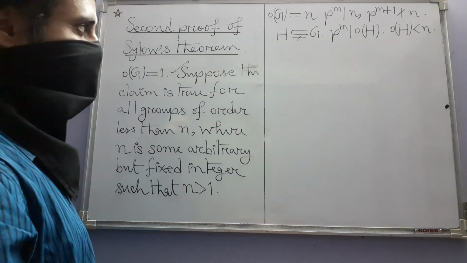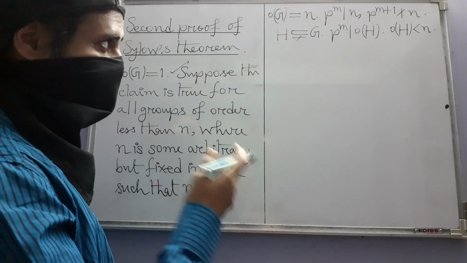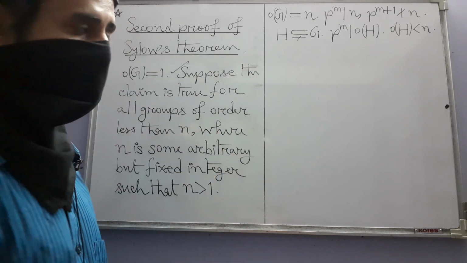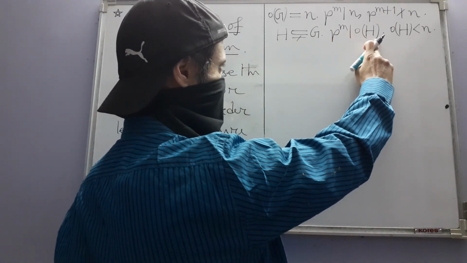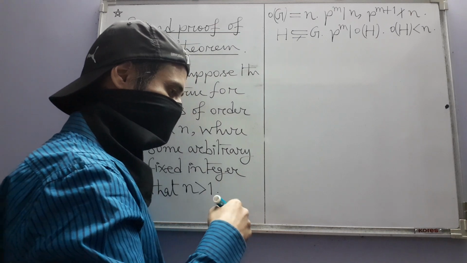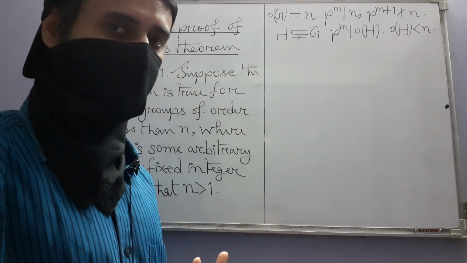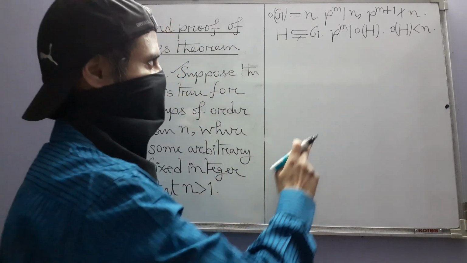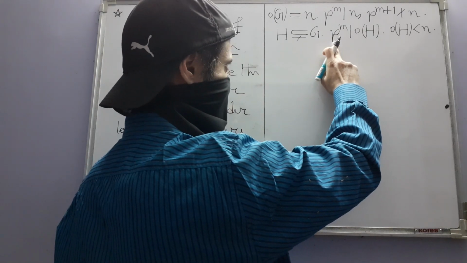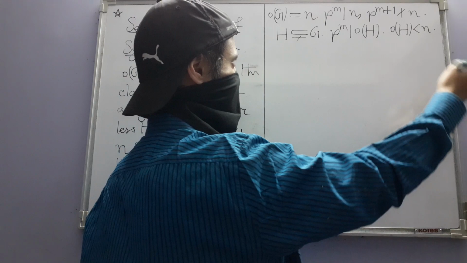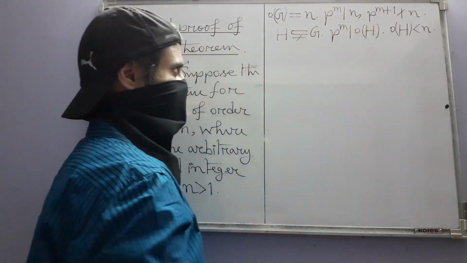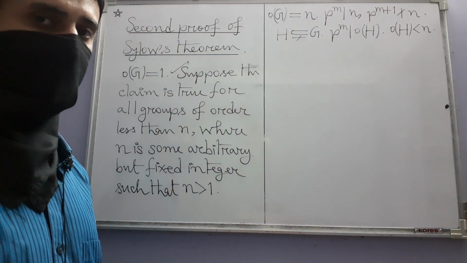But what is the largest power of P dividing the order of H? You see, P to the power M already divides the order of H. Can a higher power of P also divide the order of H? No. Why? Because if that is the case, then by Lagrange's theorem, that higher power of P must divide n also, which is not allowed.